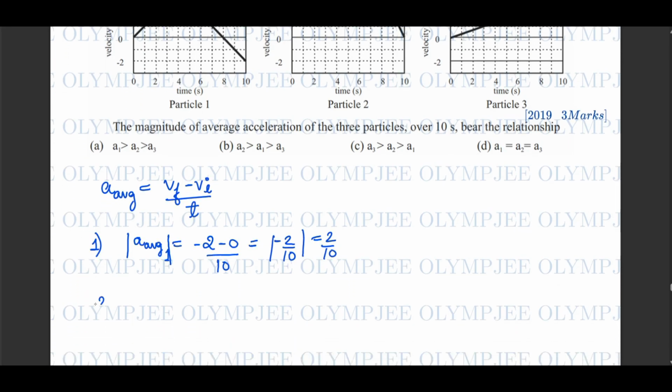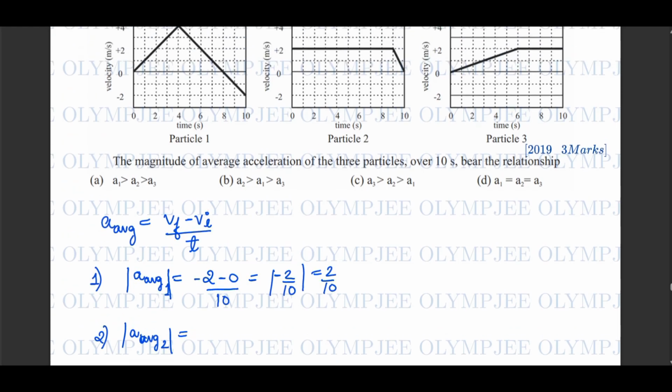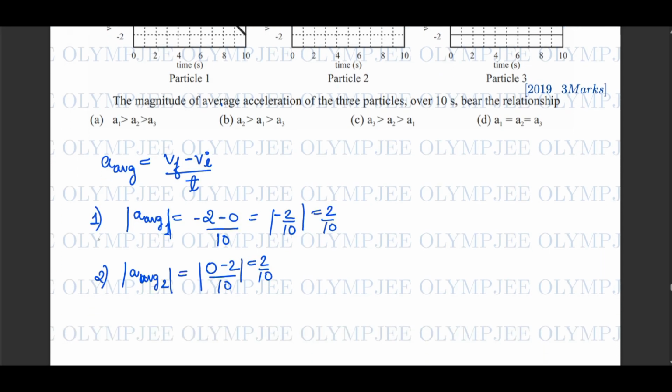For the second particle, the average acceleration: final velocity is 0 and initial velocity is 2. So 0 minus 2 by 10 is also equal to 2 by 10. And for the third particle, the final velocity is 2 and initial velocity is 0.